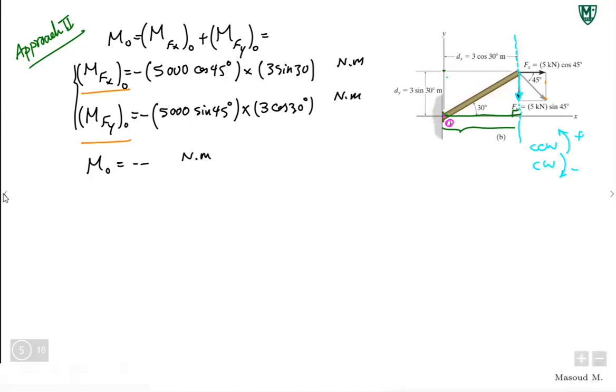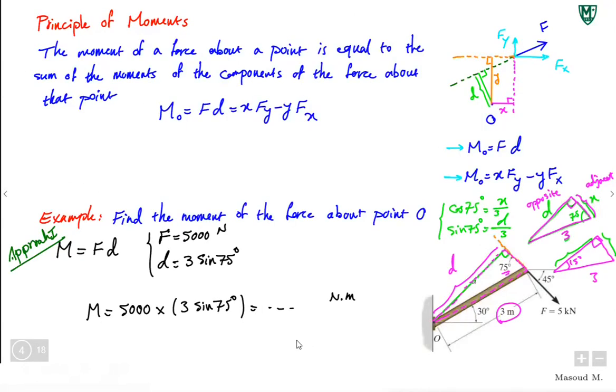What you find here as MO should be the same as the MO you find in the first approach. Is this negative or positive? Clockwise is negative, counterclockwise is positive.